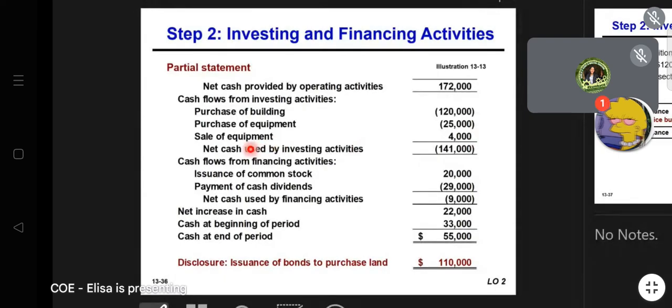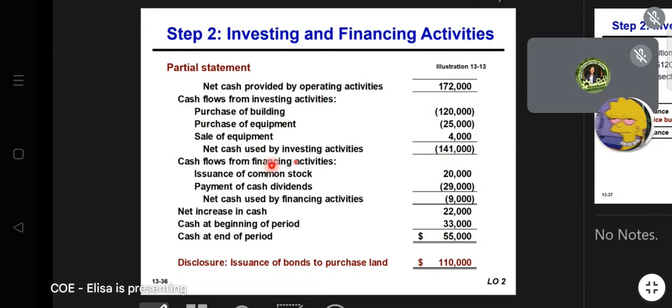So in this case, it is negative, so it is used, 141,000.